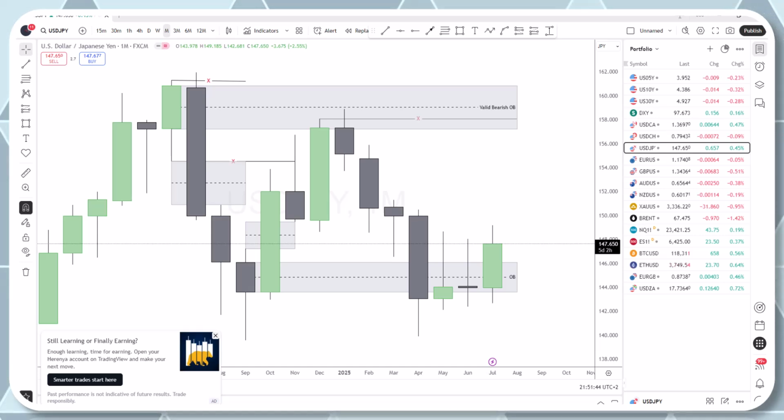We need to see inducement before the return. Before price returns to the OB, we look for inducement. This can be a fake out, equal highs, or a minor liquidity trap designed to bait retail traders before the real money move kicks in, right?